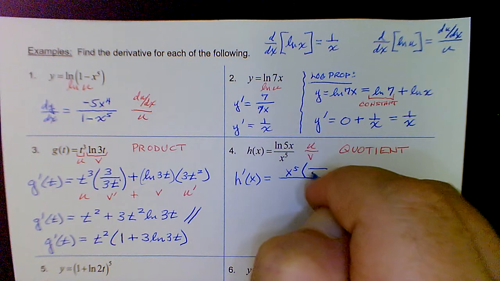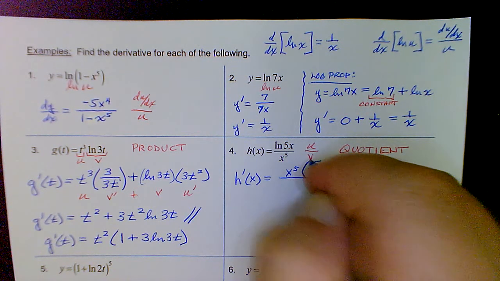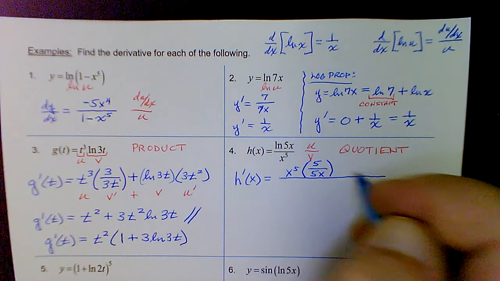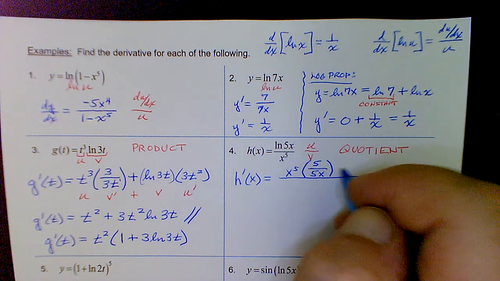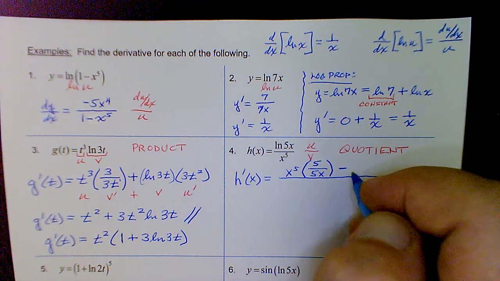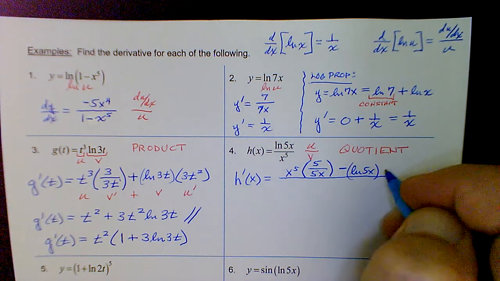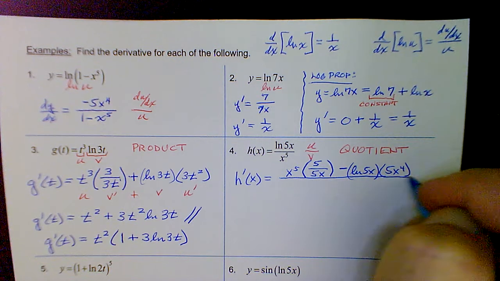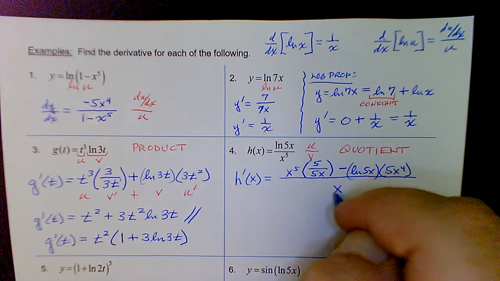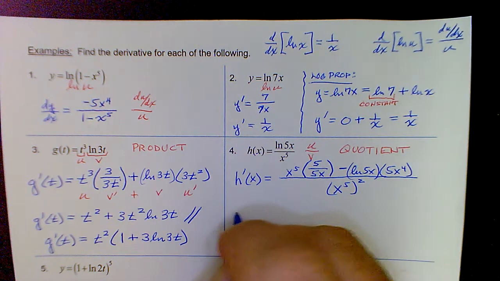Again, log goes away, fraction, argument 5x in the denominator of that fraction, and its derivative 5 in the numerator. So that's denominator, derivative of numerator, now minus numerator, natural log of 5x, times the derivative of the denominator, 5x to the 4th, and that's all divided by that denominator, x to the 5th, as a quantity squared.